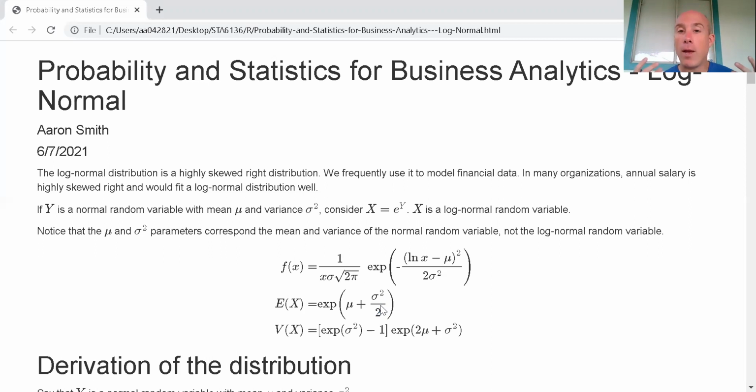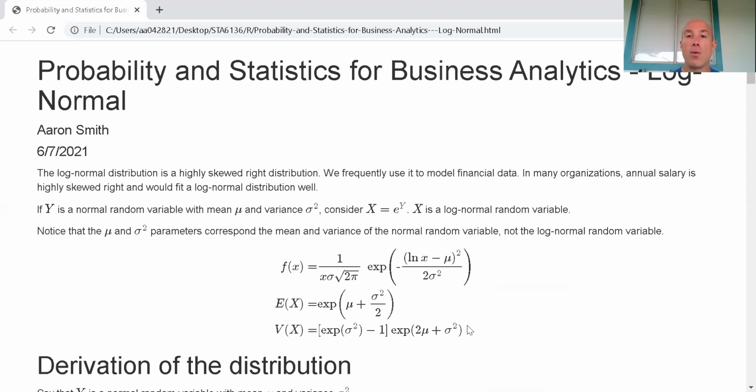Basically, our point of view is that we can go back and forth between normal and log normal freely doing u substitutions. And then our variance is going to be the exponential of the variance of the normal minus 1, times the exponential of 2 mu plus sigma squared.